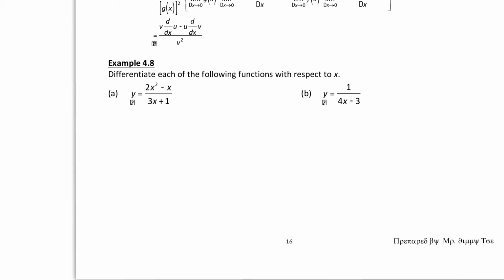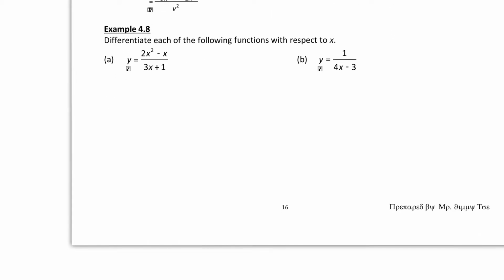Example 4.8. Part A. y is equal to 2x squared minus x over 3x plus 1. We can regard this function as including two parts. The first part is the numerator, which is a polynomial, and the denominator is also a polynomial. It includes a division, so we call this the quotient rule. What is the quotient rule?